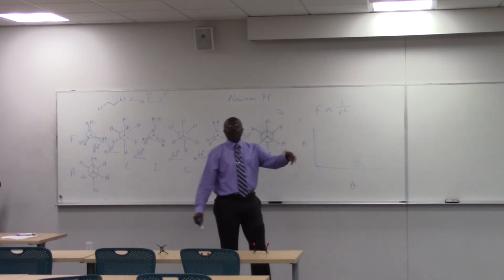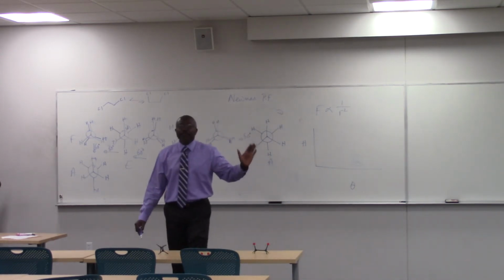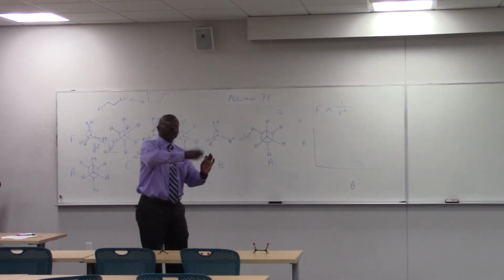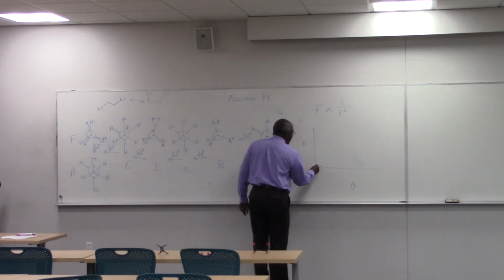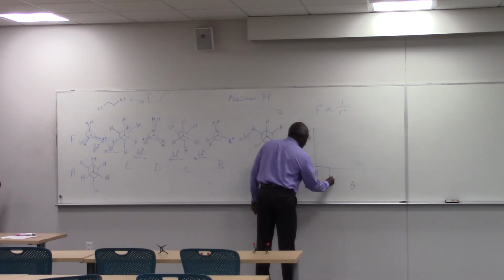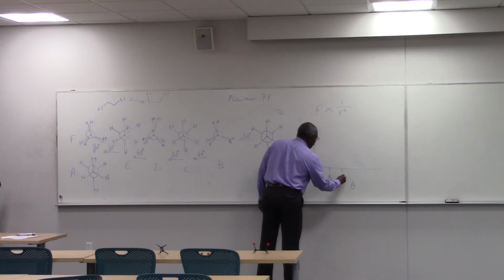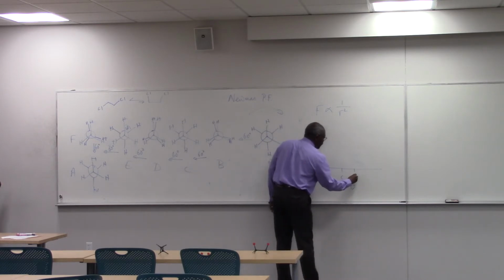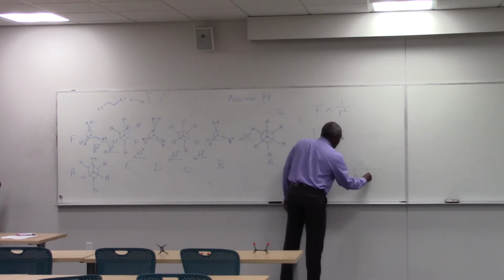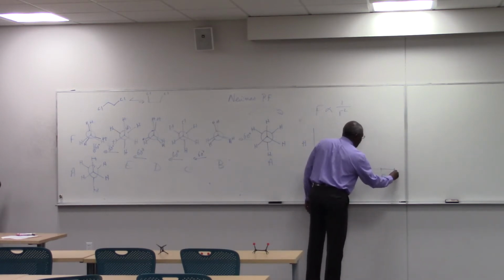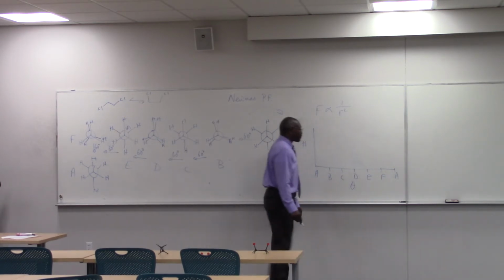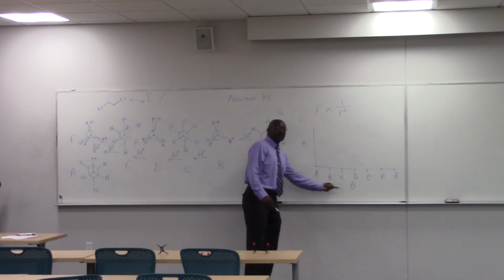And theta is the rotation, the number of degrees in which I've rotated. So I'm going to start here with A, 60 degrees to B, 60 more degrees to C, 60 more degrees to D, 60 more degrees to E, 60 degrees to F, 60 more degrees to A. Again, these are 60-degree increments.